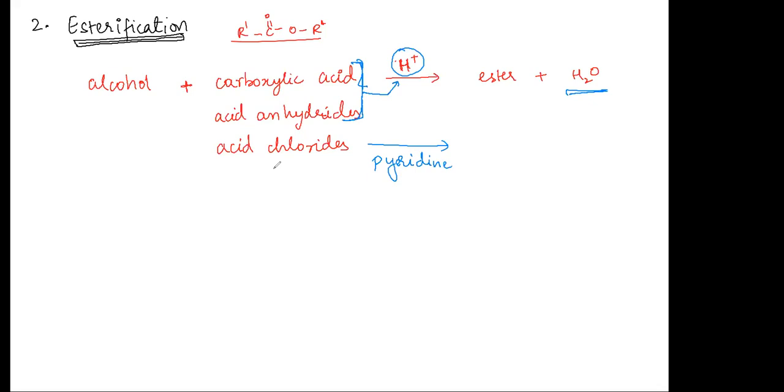In the case of acid chloride, because the structure is C double bond OCl, they form ester plus HCl, and in order to neutralize this HCl, the base pyridine is taken. So this is the process of esterification. These are the different reagents that can be used to produce esters. All of them react with alcohol itself.